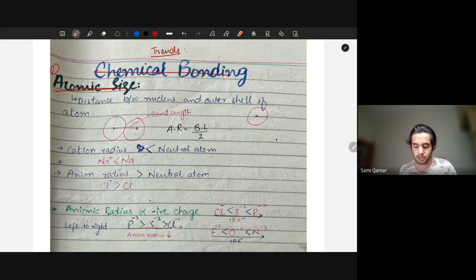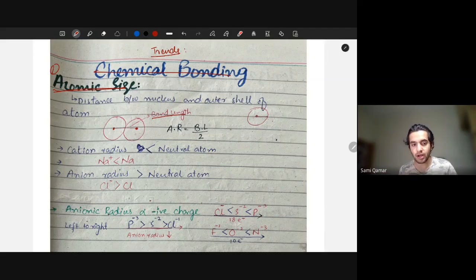What is atomic size? Basically, we have studied bond length. What is bond length? The length between two bonded atoms. This is the nucleus of the first atom, this is the second atom, these two are bonded. The distance from this nucleus to this nucleus is known as bond length. But what would be the atomic radius?